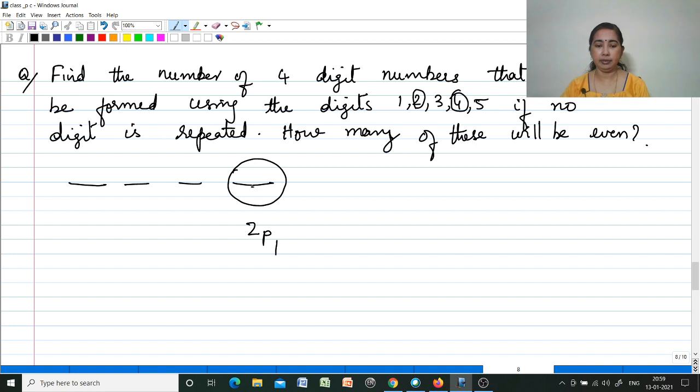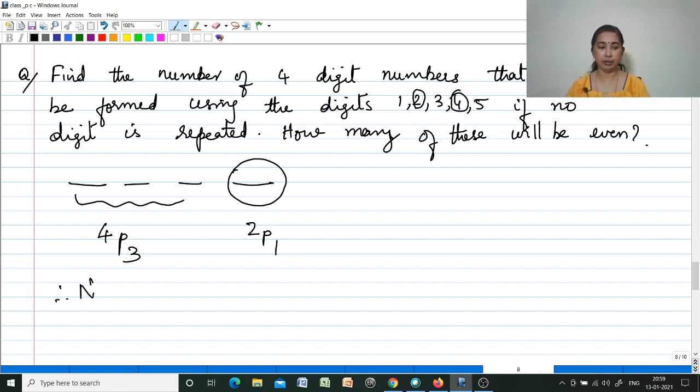So one number can be allotted in the last position out of that 2. Since repetition is not allowed, we have total 5 digits and 1 is already allotted here. Remaining 4 digits are there and 3 spaces to fill, so it can be arranged in 4P3 different ways.